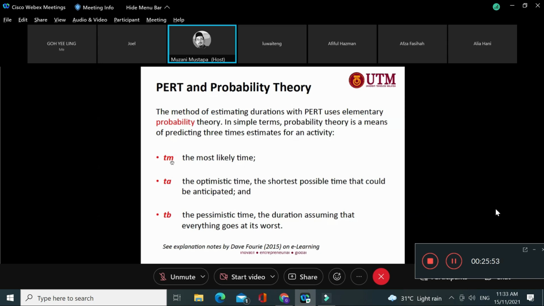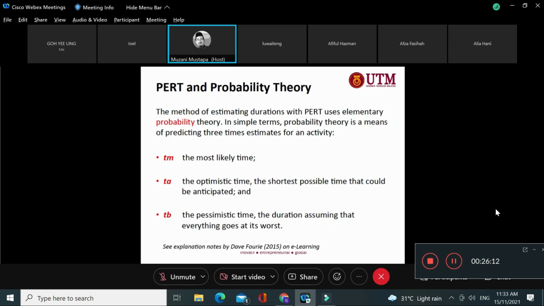So at the end we want one single time. When we have these 3 times that we estimate, the planner comes across 3 different times from the data they gathered, meaning optimistic, pessimistic, most likely.